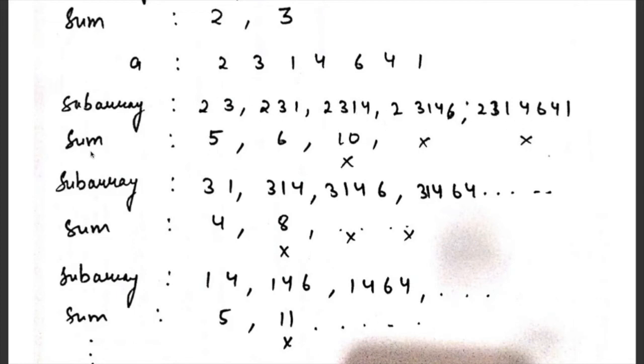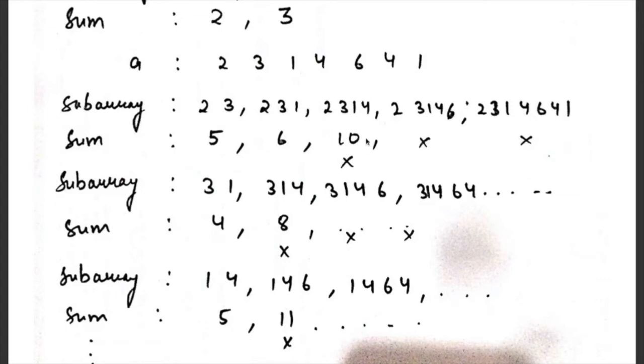If we directly calculate the sum, fixing this element and adding 3 to it, it will be 5, which is less than or equal to n, it's okay. If we add 1, it is 6. If we add 4, it is 10, that is greater than n, so we will not consider this sum, and other sums will always be greater than n.